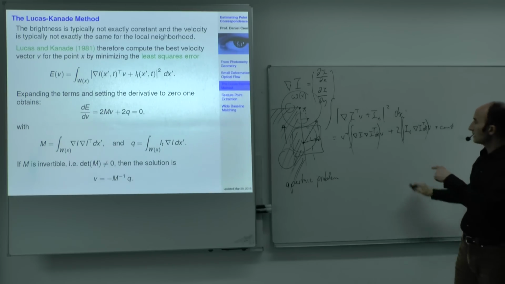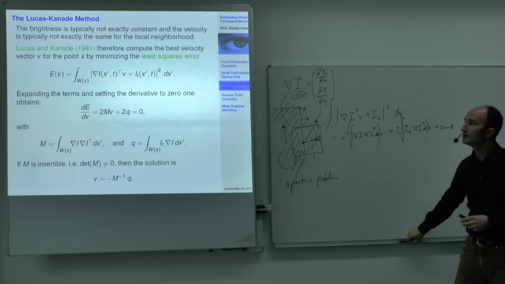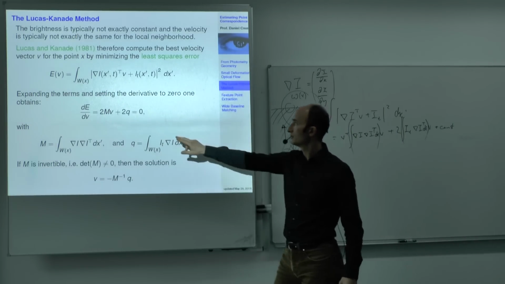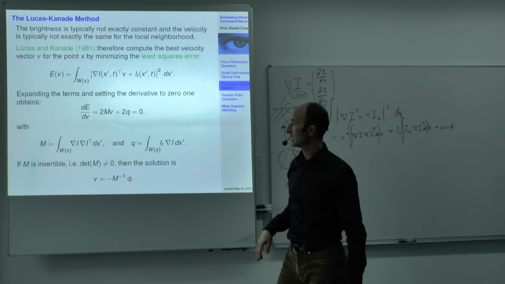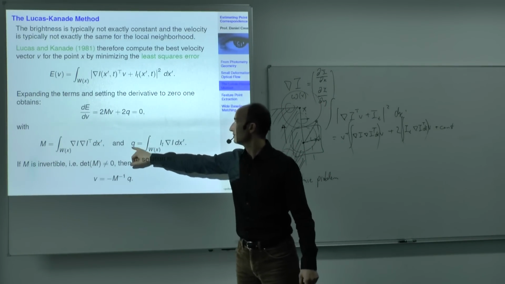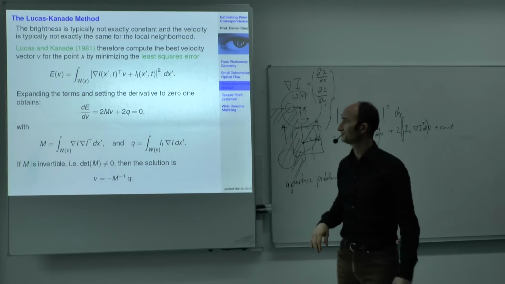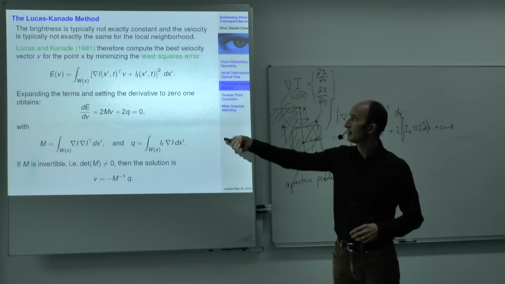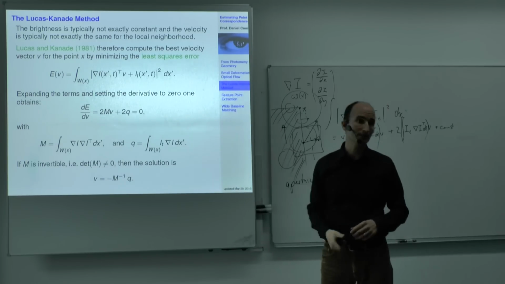And then if you take the derivative with respect to v, you get exactly this equation: 2 times that matrix, we call it M, times v, plus 2q, and q is this expression here. So we have that linear equation when we take the derivative and set it to 0.